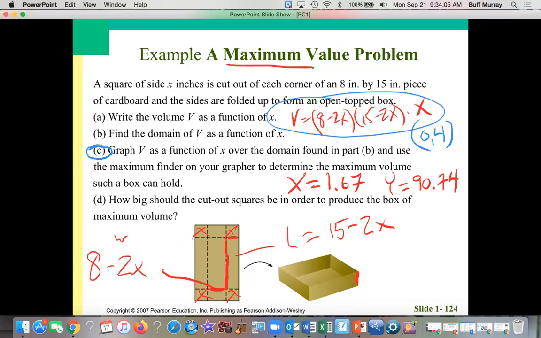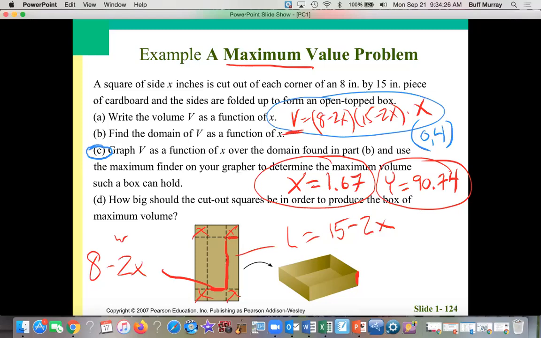And what was your Y value, Peyton? 90.741. All right. So this tells us to get the maximum volume, we should cut out squares that are about 1.67 by 1.67. What is this number telling us? If we do that, is that our volume? 90.7? Yeah, because our Y value was our volume.